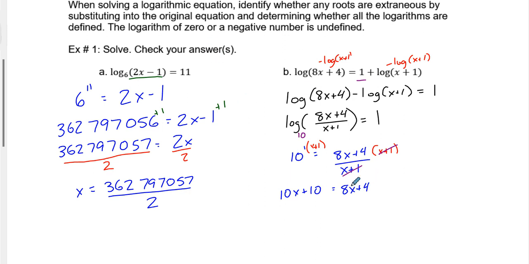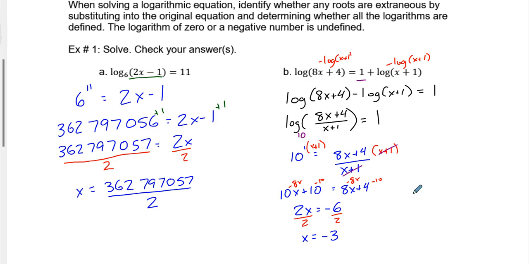Our next steps would be to move our x's to one side and our numbers that don't have x's to the other side. So I can subtract my 8x, and I can subtract my 10, so that I would have 2x equals negative 6. And last but not least, to get the x by itself, I would divide both sides by 2. So our answer here is that x equals -3.